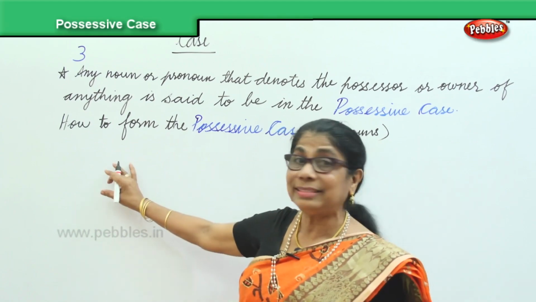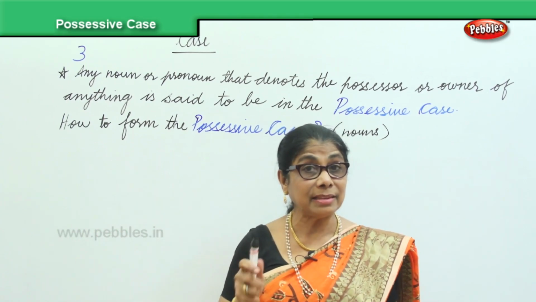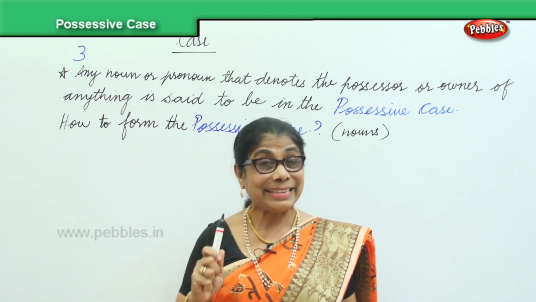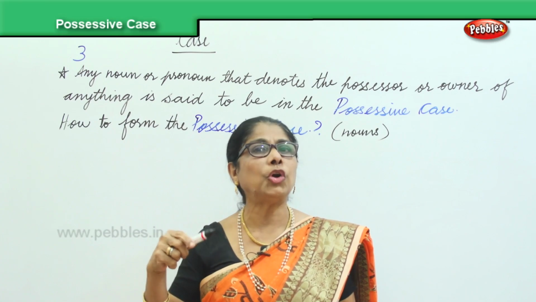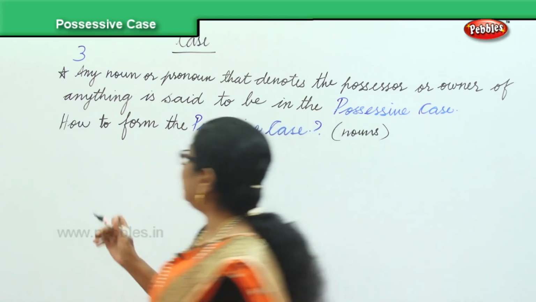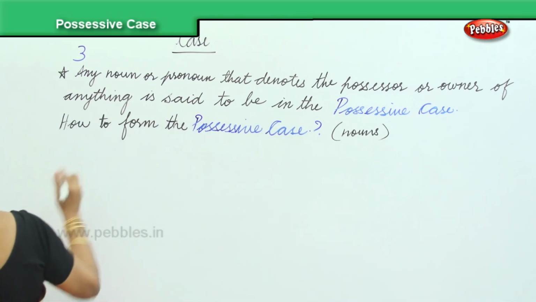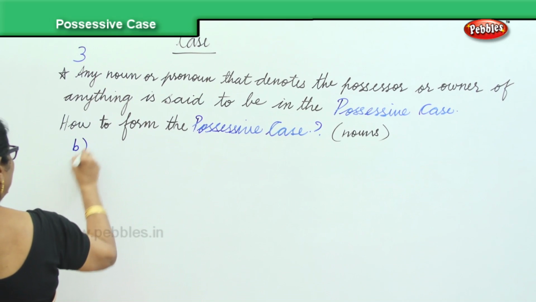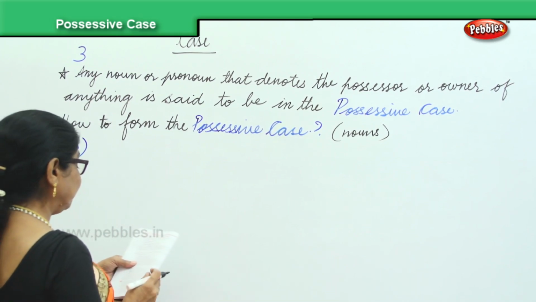First, a singular noun: you put an apostrophe followed by an S to form the possessive case. Now let's see how we form the possessive case in the second part.